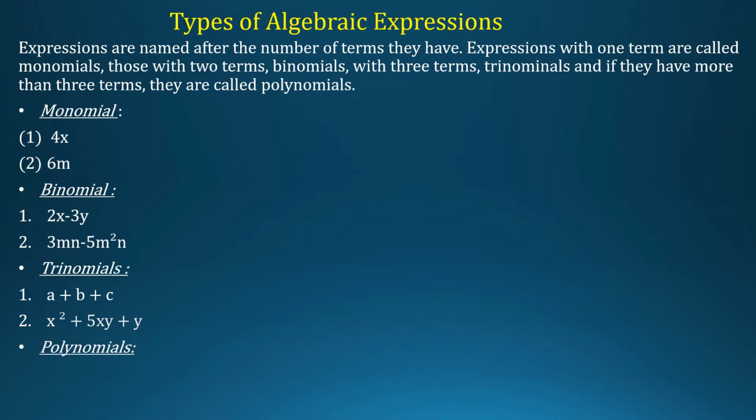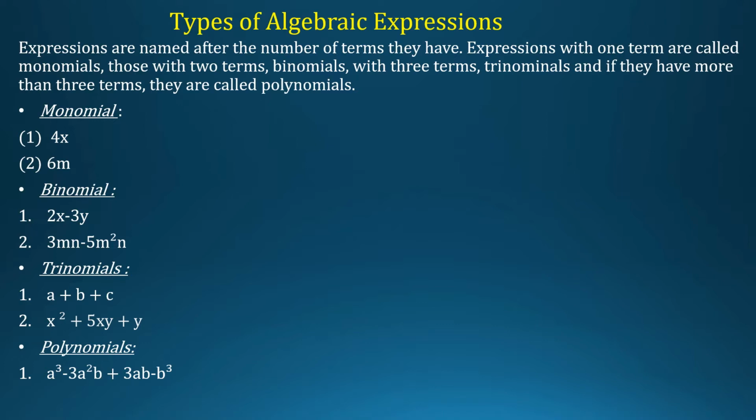Last is the polynomial. Let us see the examples of polynomial. First, a cube minus 3a square b plus 3ab minus b cube. Here more than three terms are present, that is four terms we can see: a cube, minus 3a square b, 3ab, minus b cube.